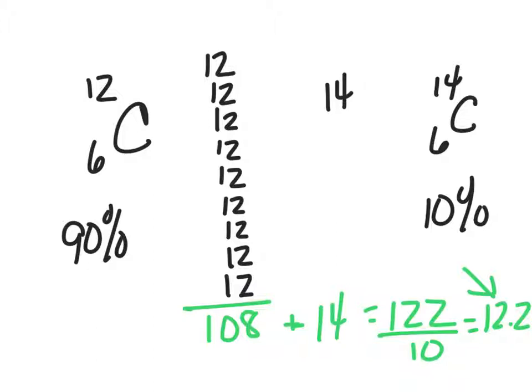So to make things easy, we're going to take that mass on the periodic table, the 12.011, and round it to the nearest whole number or the nearest tenth in order to keep things simple.